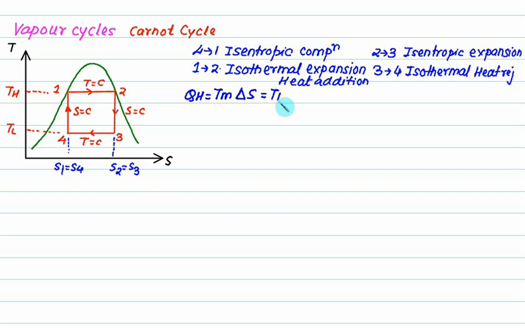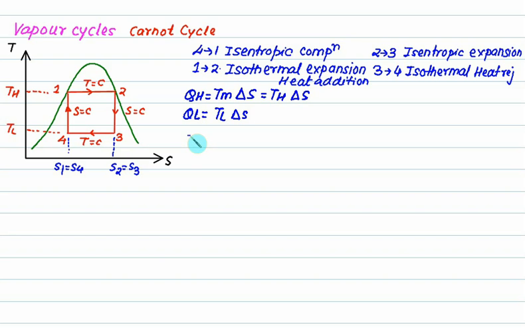So this one is TH multiplied by delta S, and the heat rejected will be represented by QL, which is again the same formula Tm multiplied by delta S, but this time TL multiplied by delta S. So the area below 3,4 is the heat rejection and the area below 1,2 is the heat addition.